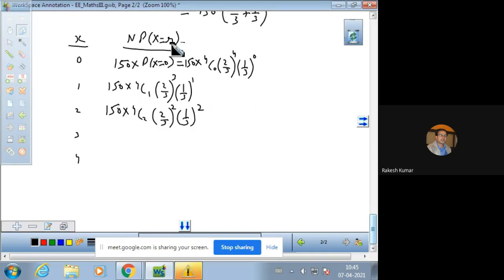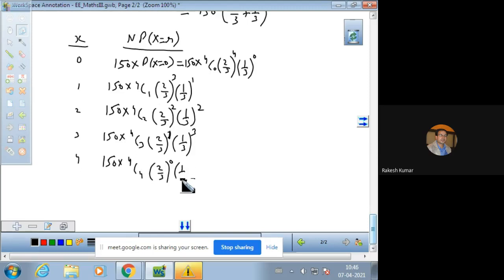So when x takes the value 3, that will be 150 4C3, 2 by 3 raised to power 1 and 1 by 3 raised to power 3. And when x takes the value 4, this is 150 4C4, 2 by 3 raised to power 0 and 1 by 3 raised to power 4.